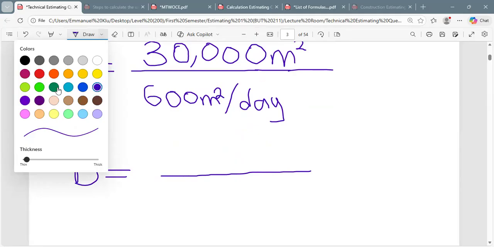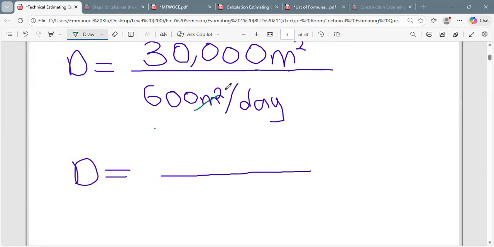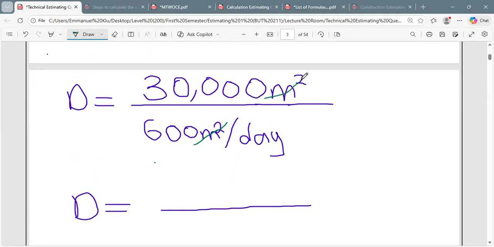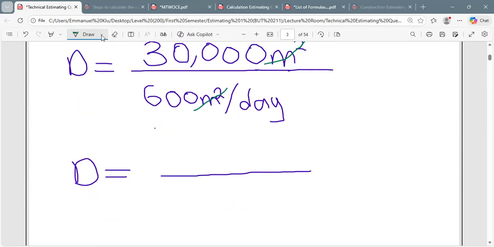So finally, we can say that our duration is equal to this. So let's do some cancellation. This meter squared can take care of this meter squared. And then two zeros can also take care of two zeros. So what are we left with? Let's all divide 300 by 6. You realize you're going to get 50. Are we all getting 50?